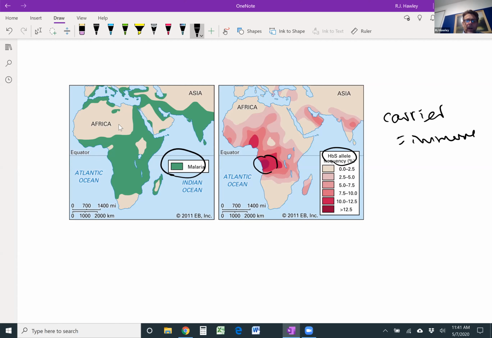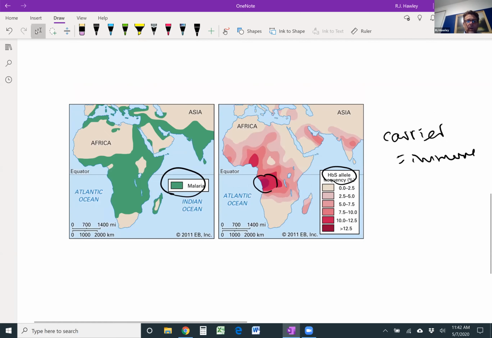But because it provides such a huge advantage against malaria, which can also kill people, if you're a carrier, you don't have symptoms of sickle cell anemia, but you don't get malaria ever.